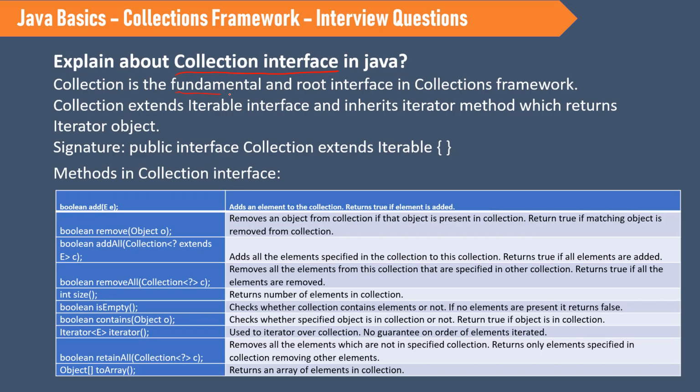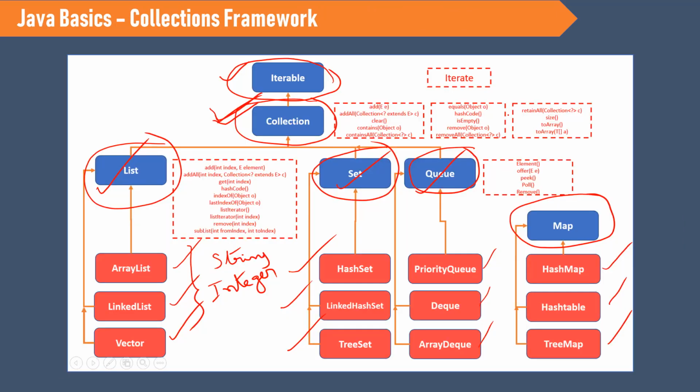So collection is the fundamental and root interface in collections framework. Collection extends iterable interface and inherits the iterator method. If you see this iterable interface, an iterator method is created in it. So since collection interface extends this iterable interface, it inherits this iterator method.